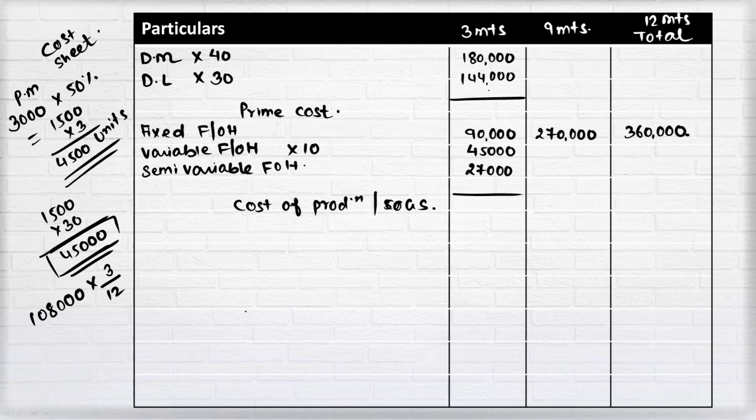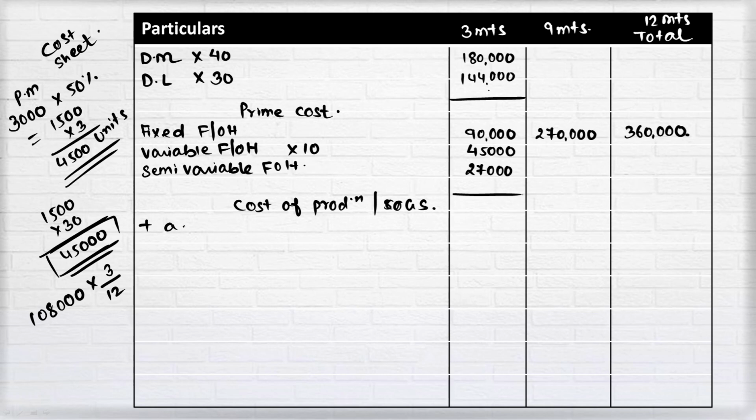Why? There is no opening WIP or closing WIP, no opening or closing finished goods. Because we are finding out cost at 50% capacity level, that is 4,500 units. So we are assuming we are manufacturing 4,500 and selling 4,500. So there is no opening and closing stock concept.